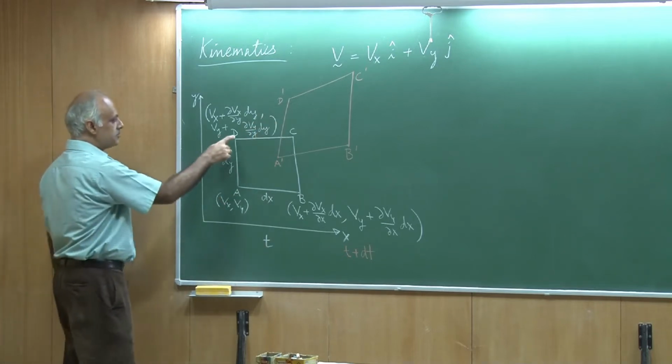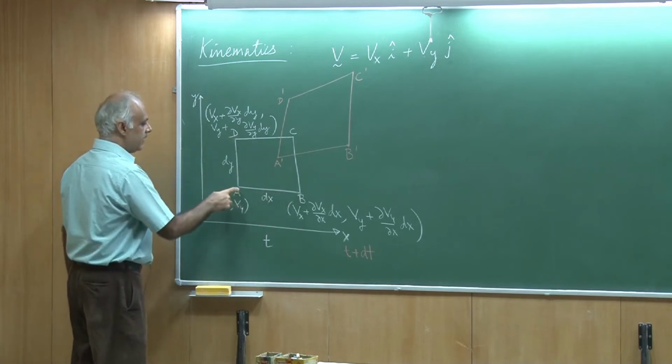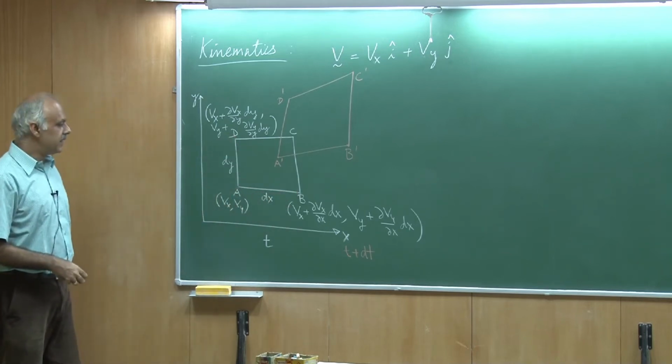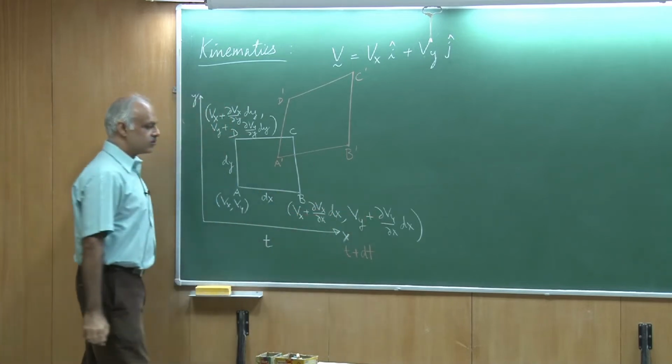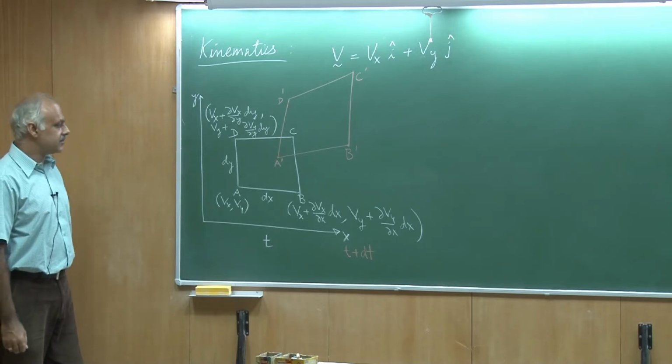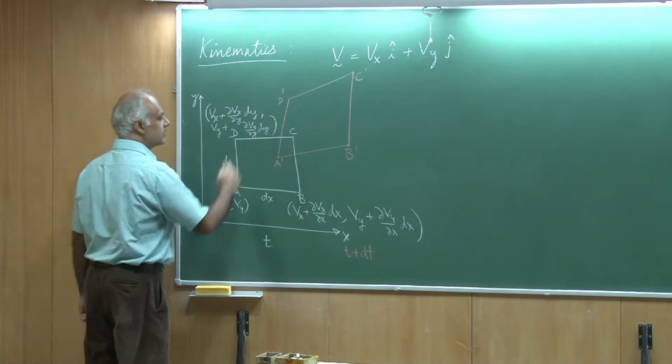So, the speeds at points D and B in principle could be different than the speed at point A, simply because there are these velocity gradients. So, Vx changes with x, Vy changes with y, and that is why this element looks a little bit deformed.